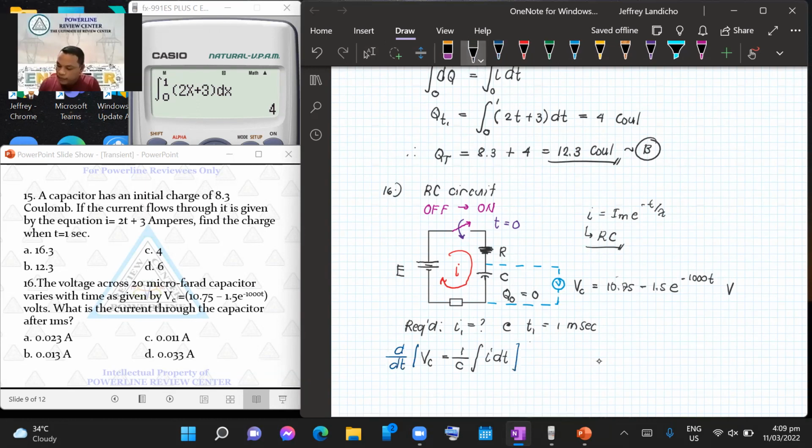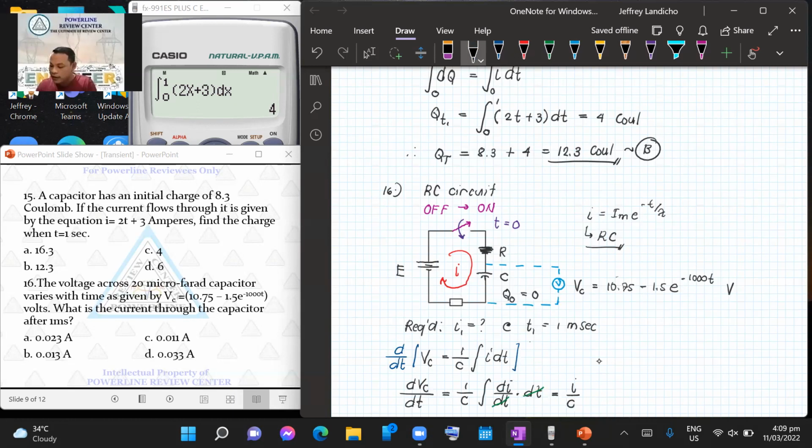So you take the derivative of both sides with respect to time. What comes out? You have the change in voltage across the capacitor with respect to time equal to 1 over C, integral derivative of current is di over dt multiplied by dt. So we can cancel this dt. The integral of di is simply i.